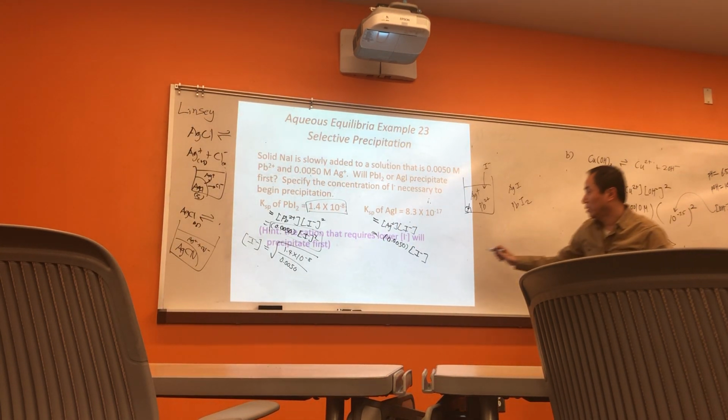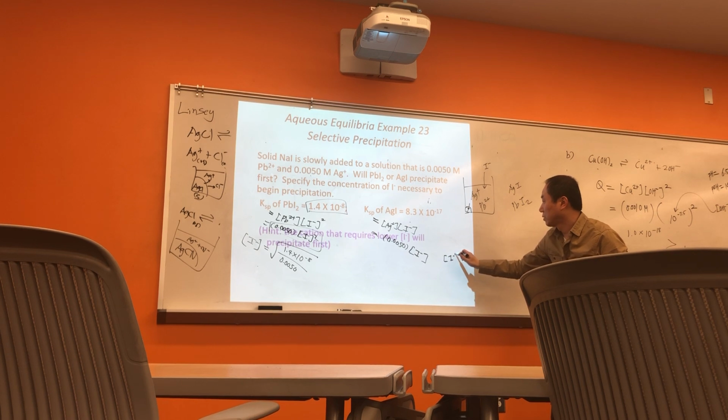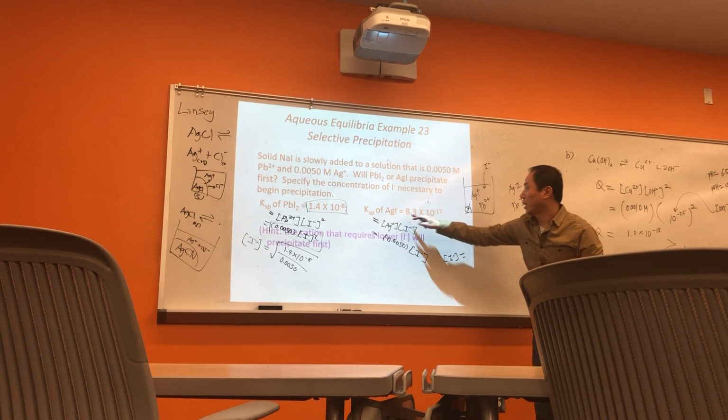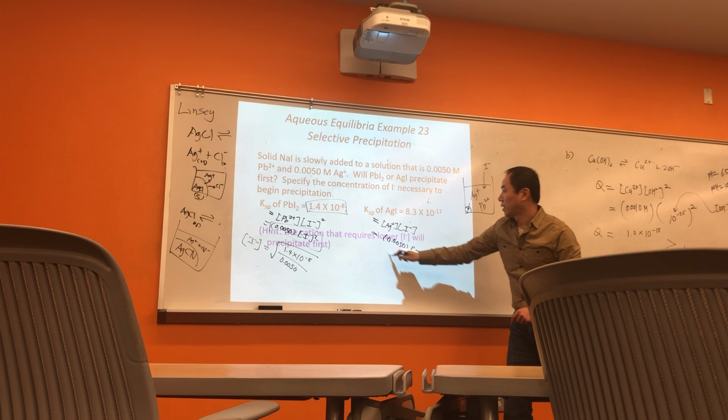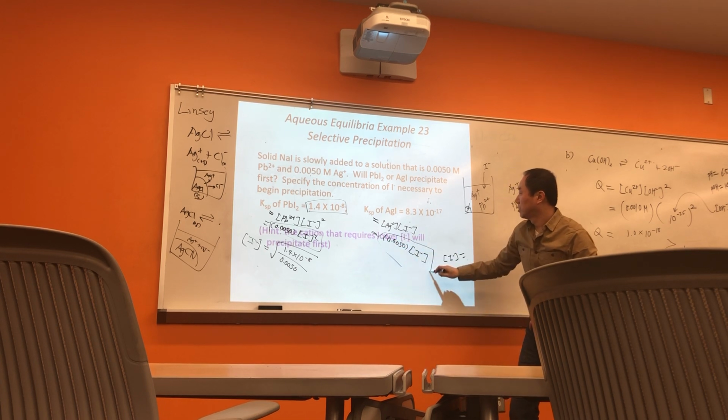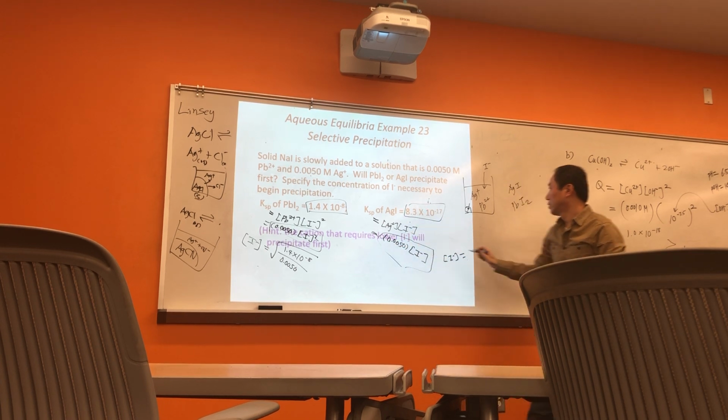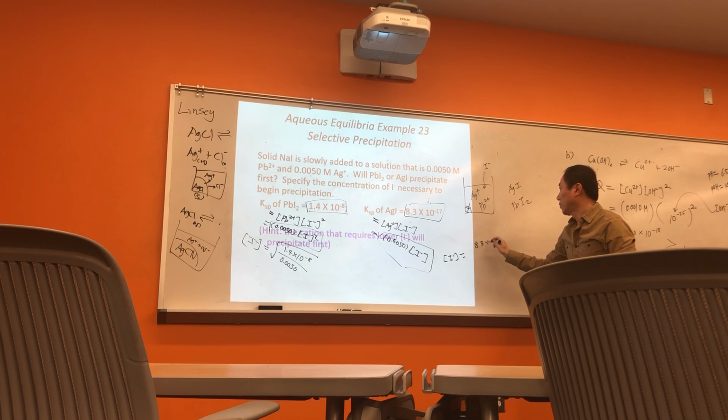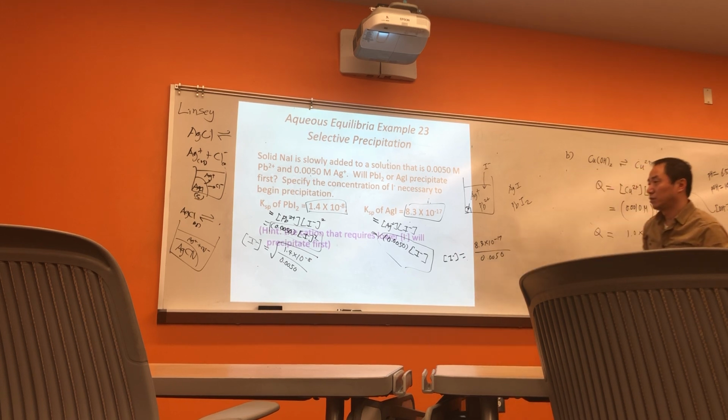On the other hand, iodide concentration here for silver iodide is this number divided by this.